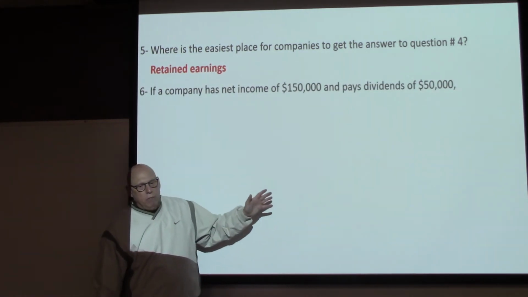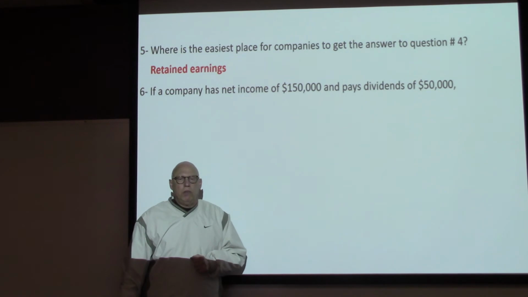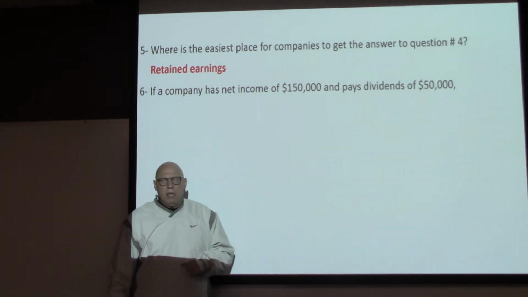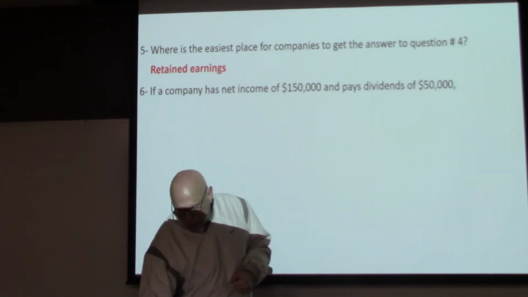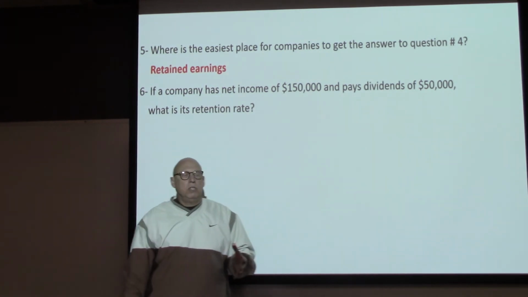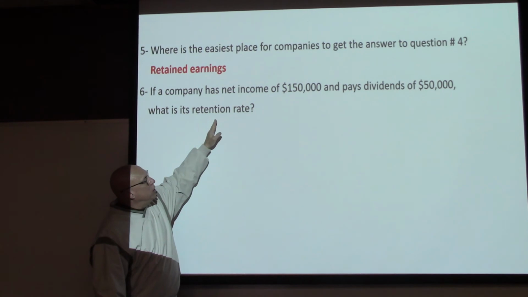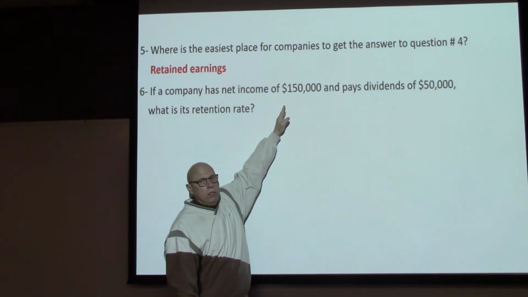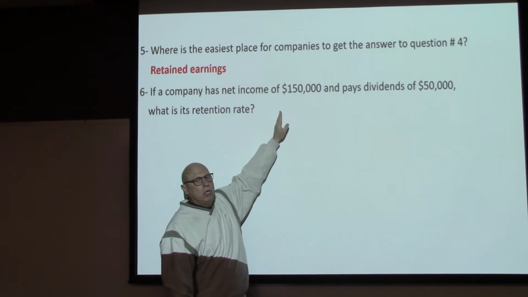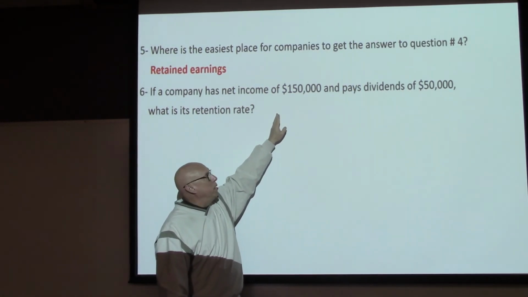If a company has net income of $150,000 and they pay dividends of $50,000, what is the retention rate? Okay, you got to know the formula. So the question is, how much of the profit that the company generates are they going to keep and use to grow the company?